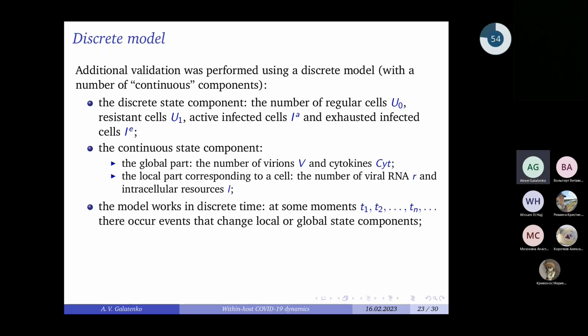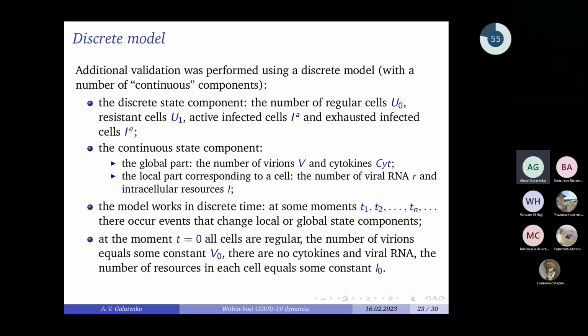And the model works in discrete time. At some time moments, T1, T2, and so on, there occur events that change either local or global state components. At the time moment t equal to 0, which is the initial time moment, all cells are regular.